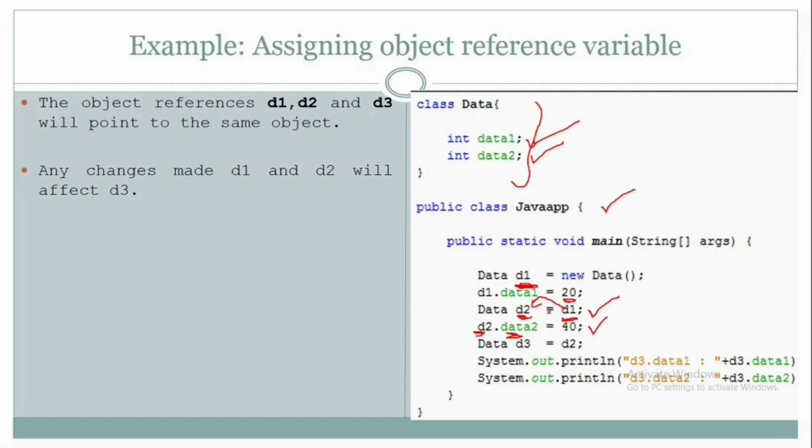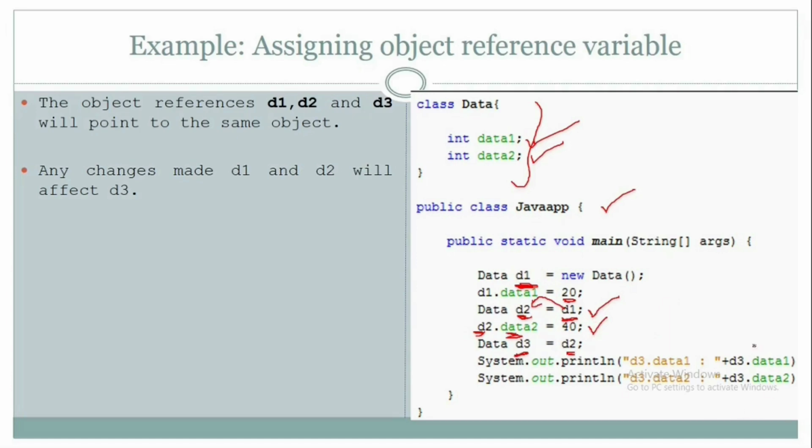As I already told, d1 and d2 will be pointing towards the same object. Look at here. Now what I am going to do is store the value of d2 to one more reference variable called d3. Now d1, d2 and d3 will be pointing towards the same object.